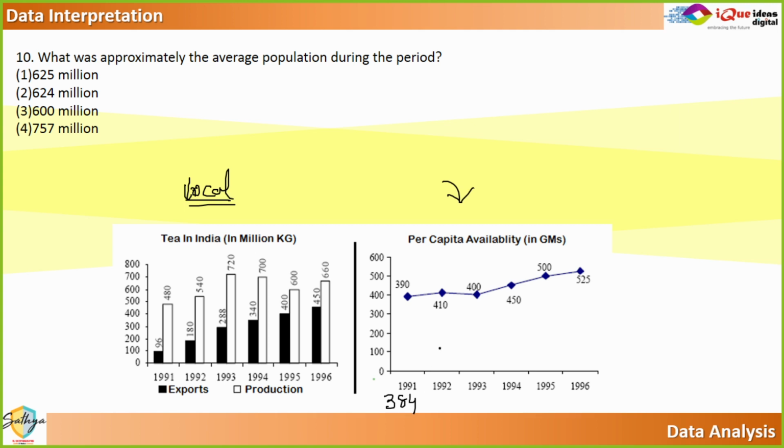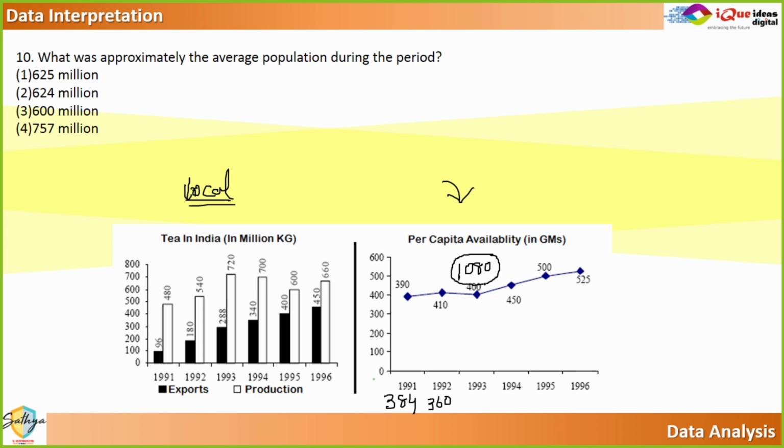In the next year, it is 540 minus 180, which means it is 360. For the year 93, I get 720 minus 288, but actually I don't need that. Why? Because in one of the previous questions, we already found out that the population was 1080, right?